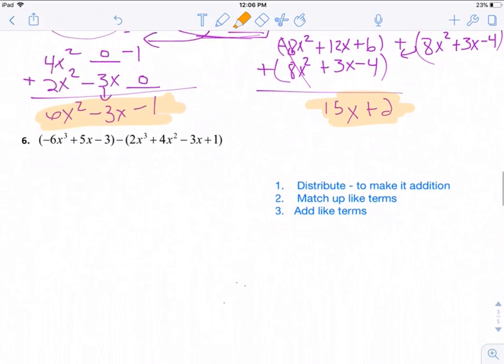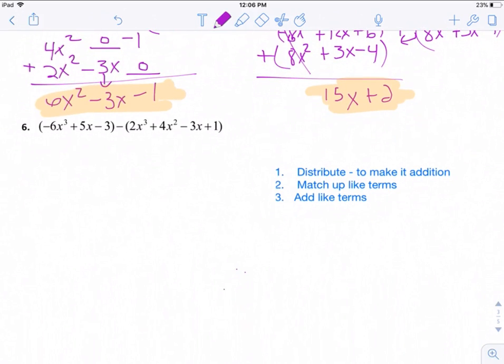This next one, again, gets a little bit more difficult because we like to make it difficult so you know all of the rules. So the first thing first, we're going to go ahead and distribute this negative to make it a positive, so change all the signs. So we're going to make this a negative 2x cubed minus 4x squared plus 3x, because it changes the sign, and then minus 1.